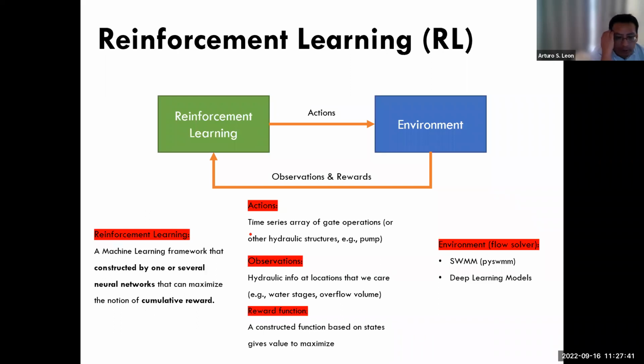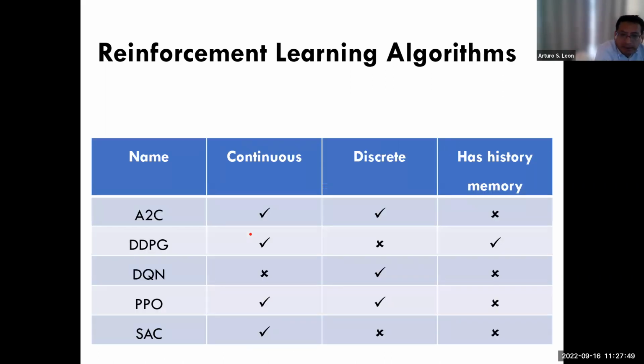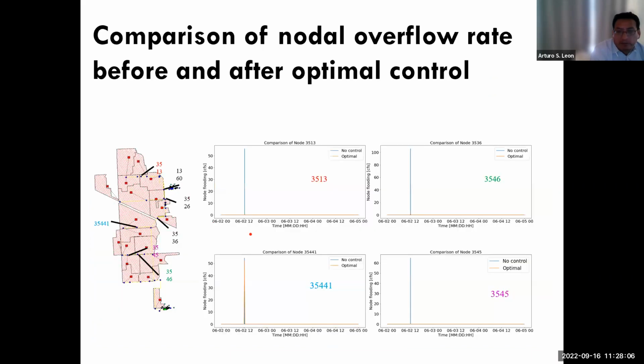So in this case, we want to minimize the overflows coming out of the sewer system. Again, we have tested multiple algorithms for the reinforcement learning, and for this application we found that this model is the best, giving better results. We are still testing, but this is what we have found so far in our application.